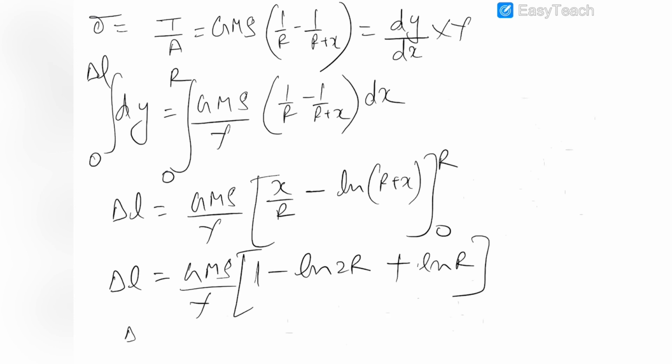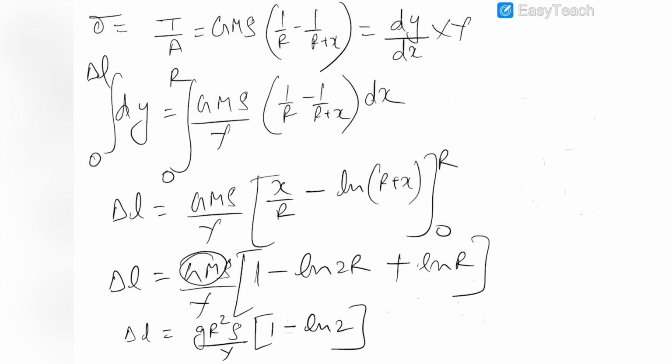Now delta L will be equal to, I am substituting GM as g r square. We all know that GM is equal to g r square, and this g is the acceleration due to gravity on the surface of earth. So this is rho and this is gamma and this is 1 minus ln 2. You can see that because log a minus log b is log a upon b.